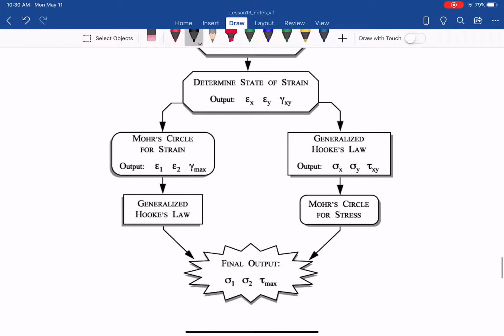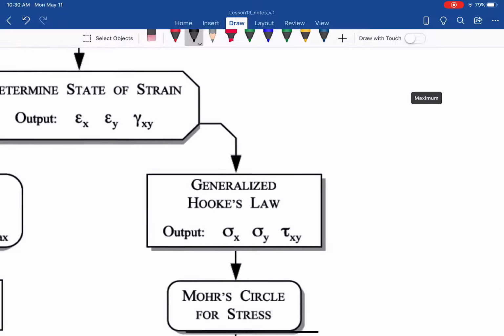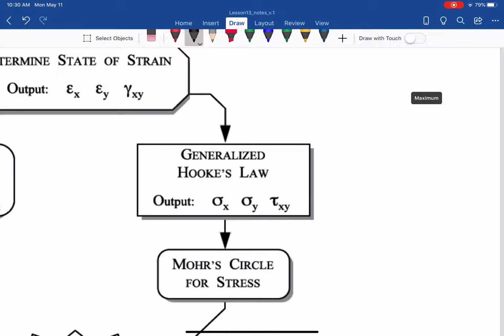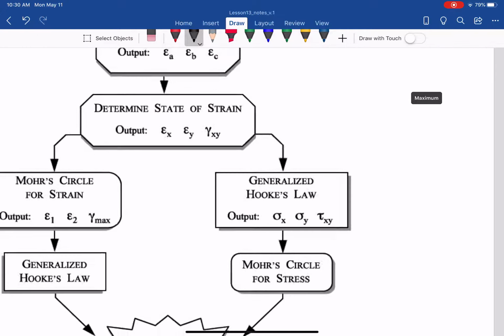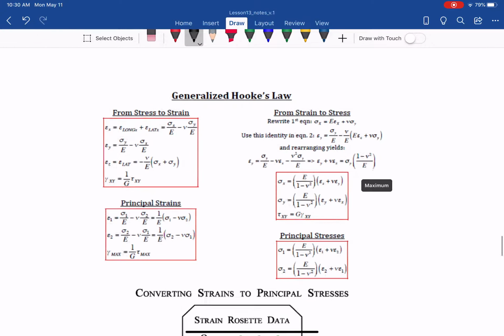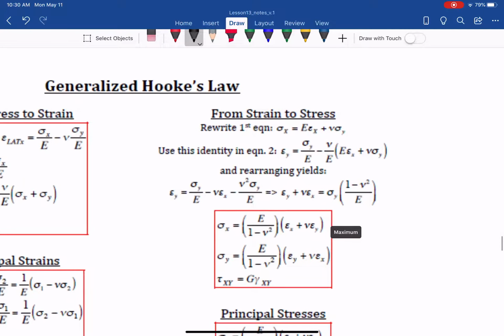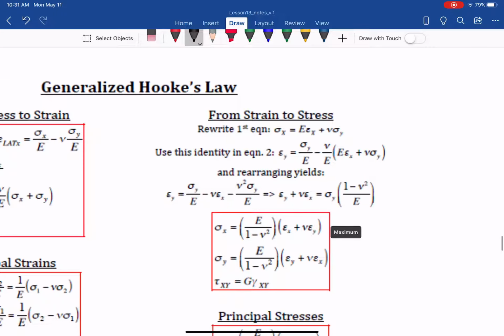And of course, the other way is that after you find out the state of strain, you can use the generalized Hooke's law, and the output is sigma x, sigma y, and tau xy before you draw the Mohr circle. That means you have the state of strain, then you apply these three equations to find sigma x, sigma y, and tau xy.